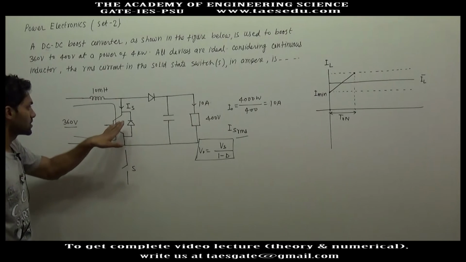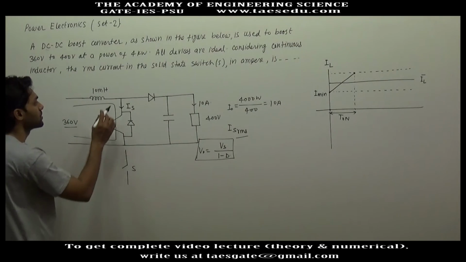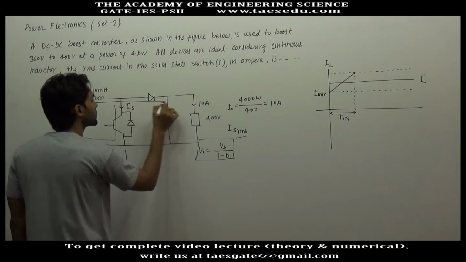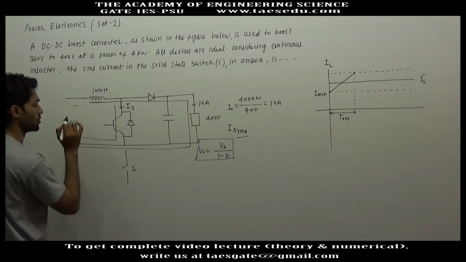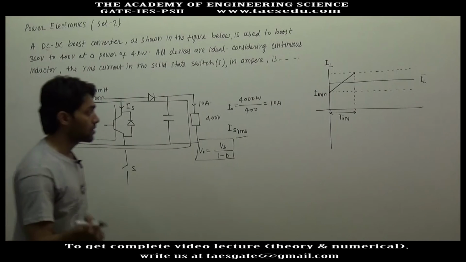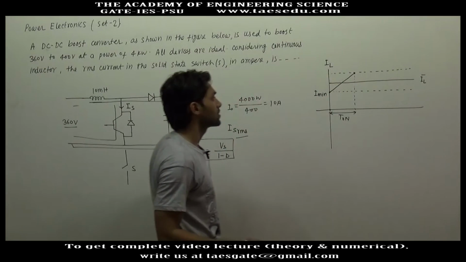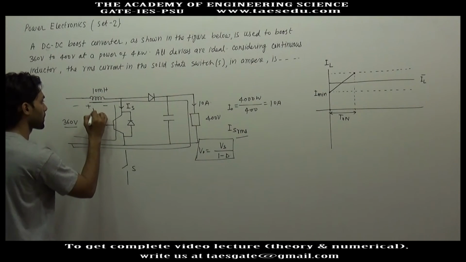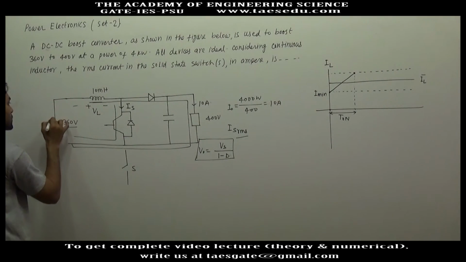Similarly, when this switch is disconnected, the established value of inductor current will take the path of the load. Now when the inductor current was growing, what was the slope? The voltage across the inductor was 360 volt.